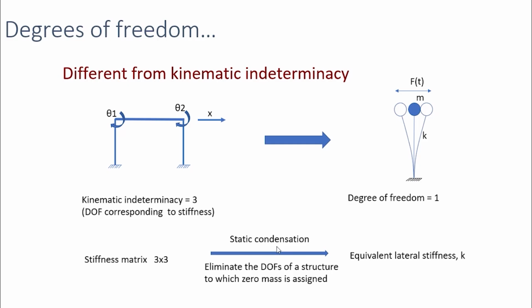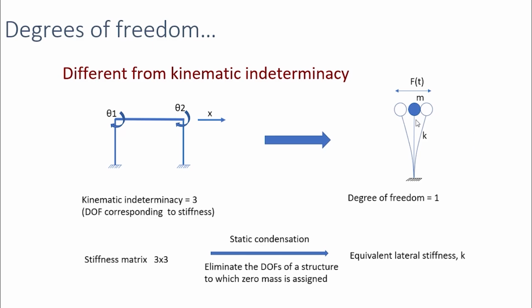We will discuss this in detail when we do example problems. But for now we just have to understand that using some static techniques, we can calculate the equivalent lateral stiffness for this frame, and we can use that in dynamic analysis.